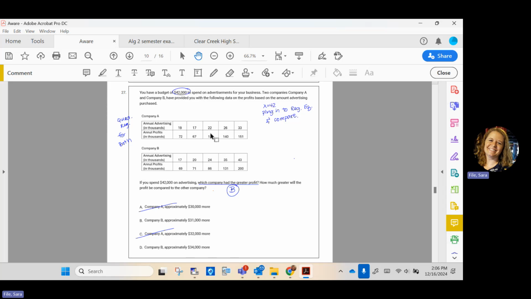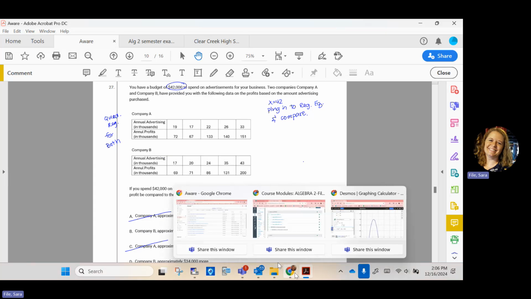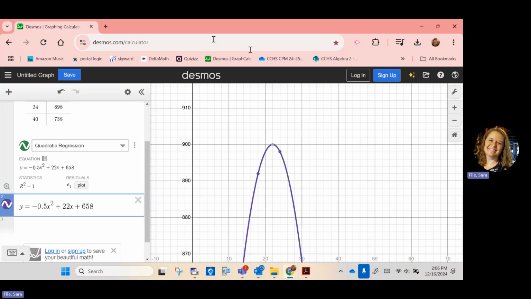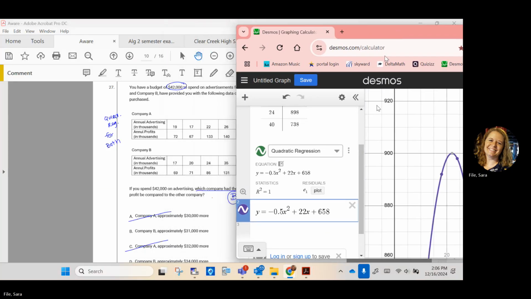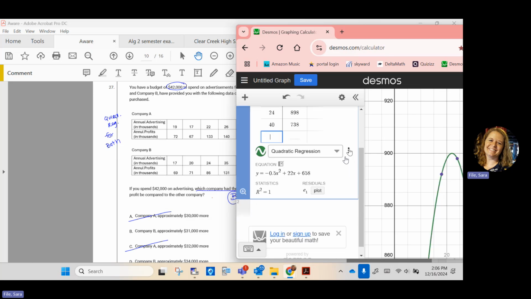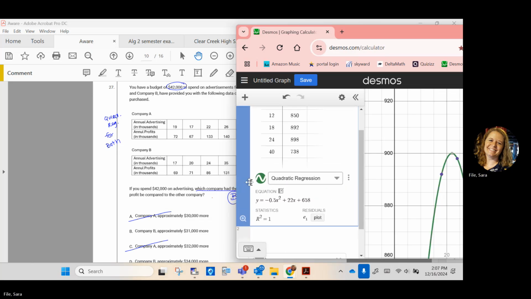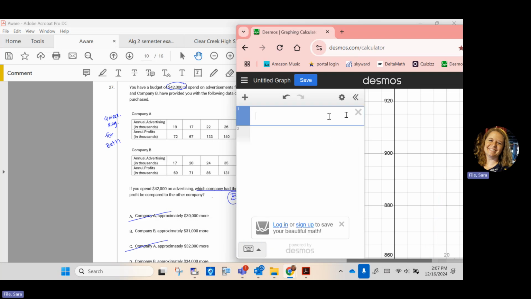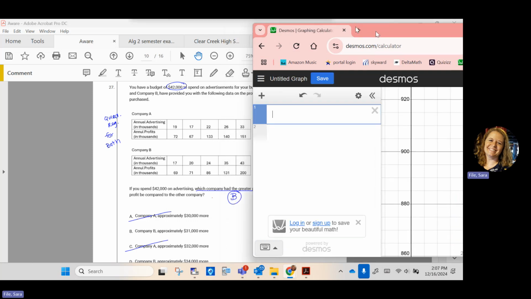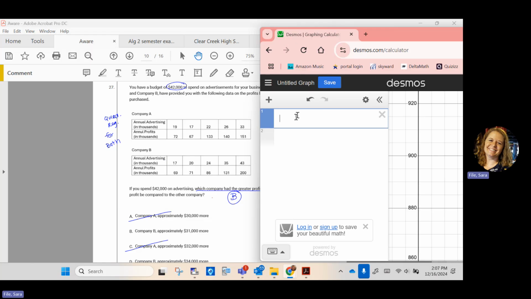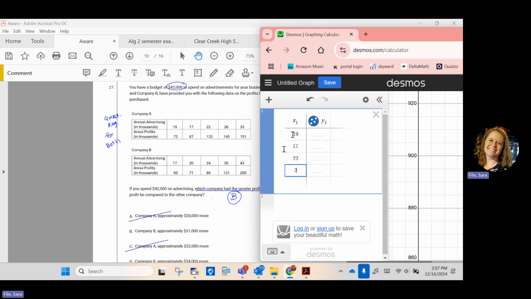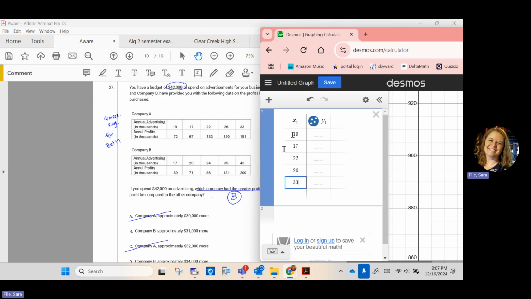So I just want to go and show you what I mean when I say why I chose to do this. I put in company A here. So add a table. This is 19, 17, 22, 26, and 33.